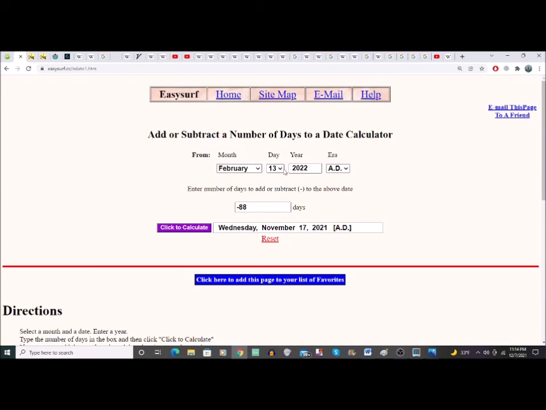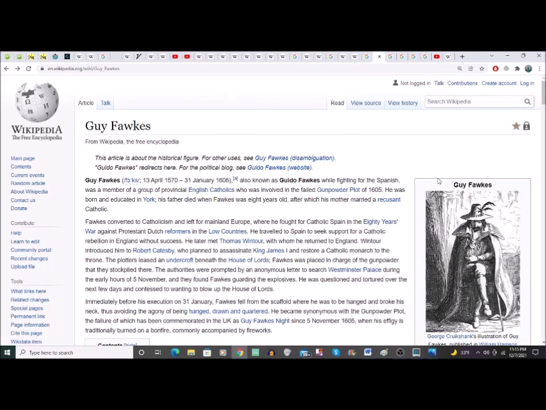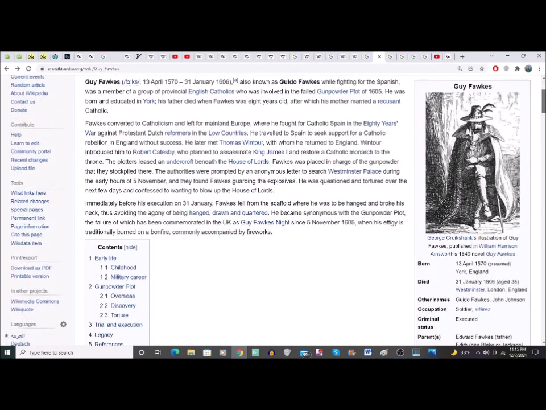There is another interesting thing that we're going to get onto with this date now. Now, I don't really want to do a ton of birthdays and a ton of other stuff. But again, let me go to Guy Fawkes. Let me re-reference this Guy Fawkes thing because it's so important.